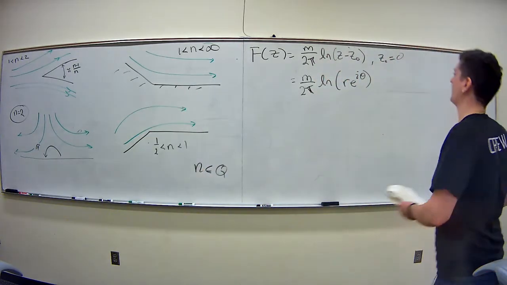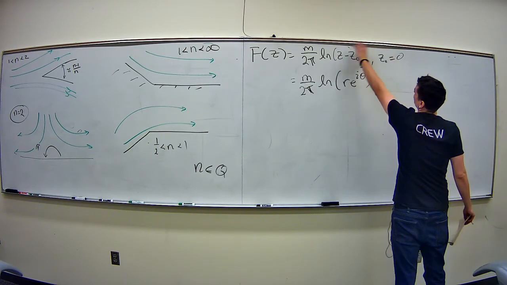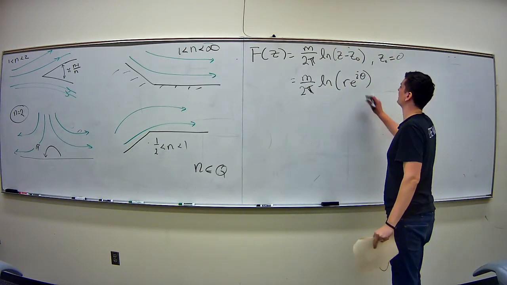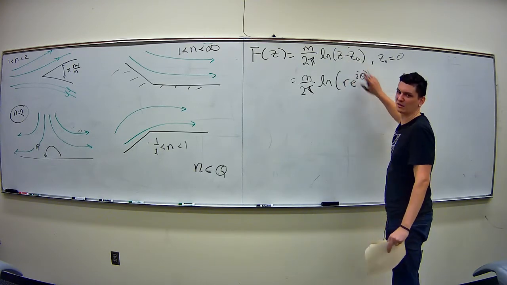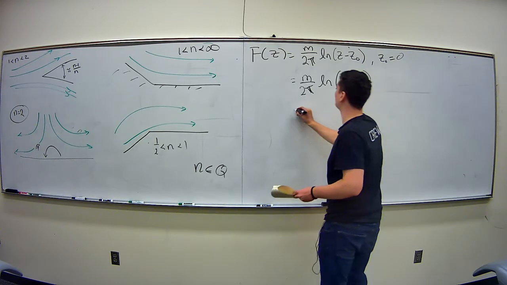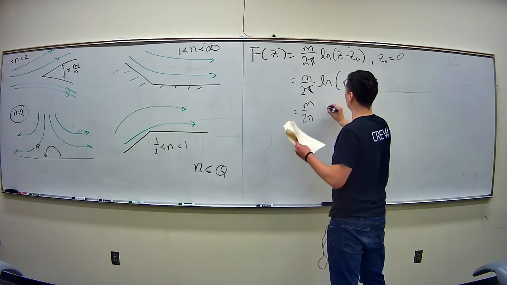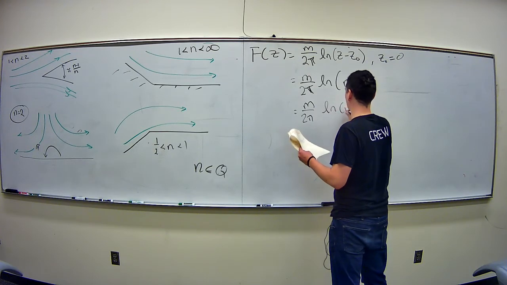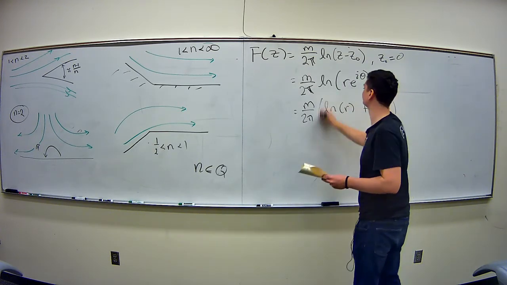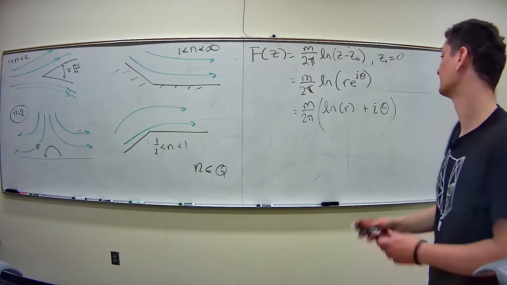If you remember, you could move this anywhere and you would just be shifting something, or you could convert both of them and it would just be a shift by an angle or a phase. I don't want to do that. So then I have m over 2 pi, and then just carrying this out, I then have natural log of the radius plus that. All I've done is just natural log rules.